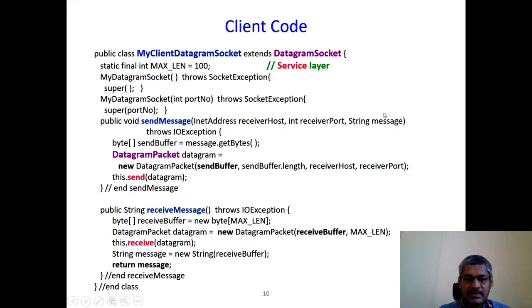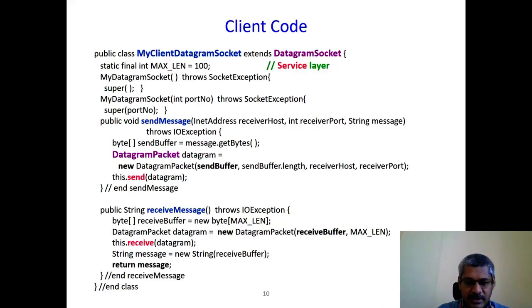You already get the message and you create this byte array with message.getBytes. And you create a new datagram packet with that byte array, the length, the receiver host and the receiver port, which are the server host and server port in this case. And then you call datagramSocket.send of the datagram packet. So that's it. The packet will be sent for you by calling this one. We have already seen this one.